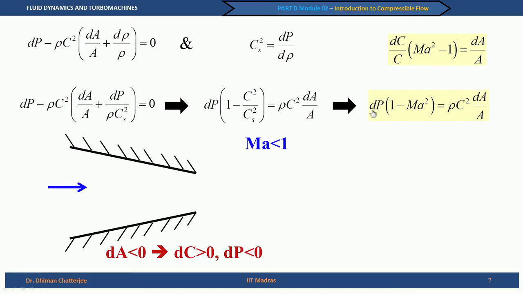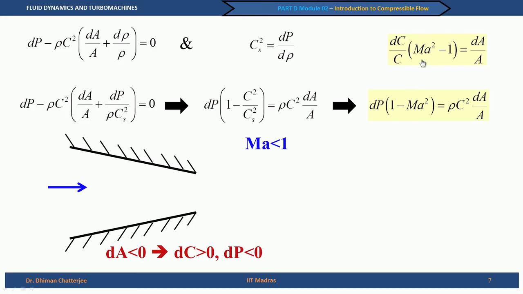And if we had eliminated pressure and written in terms of speed, then we could have written it as d c by c times Mach number square minus 1 is equal to d A by A. I told you that you can eliminate d c by c, or you could have done it with d p. So, now we have removed d p and substituted in terms of d c. So, if you look at this expression, this bracketed term Mach number square minus 1 is less than 0 for Mach number less than 1.